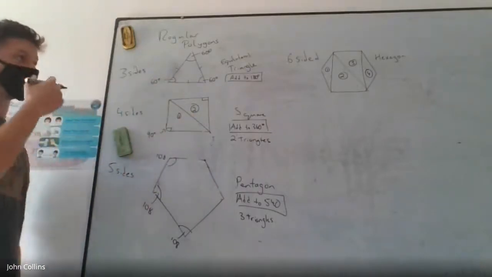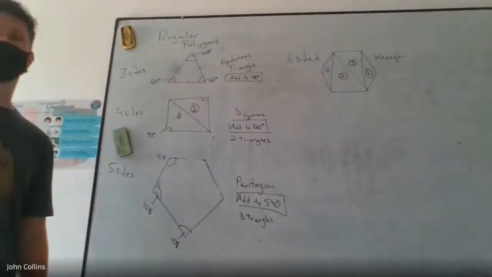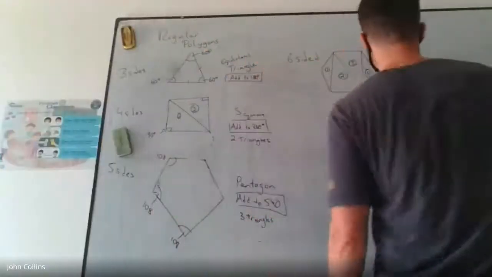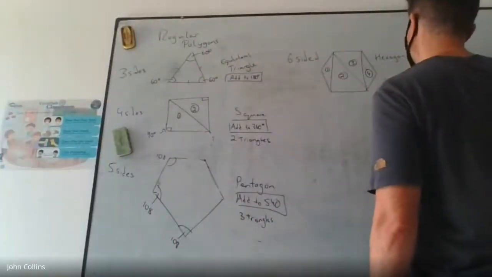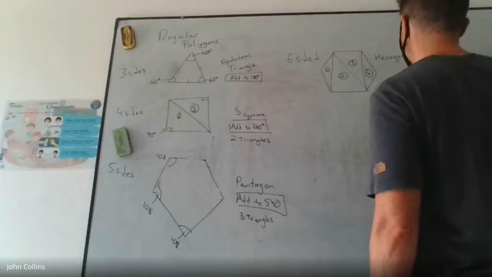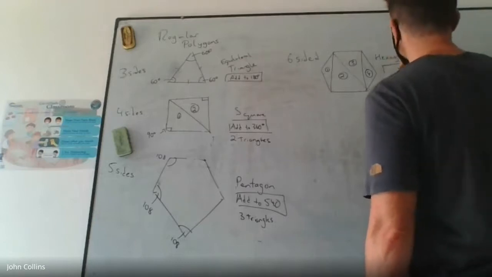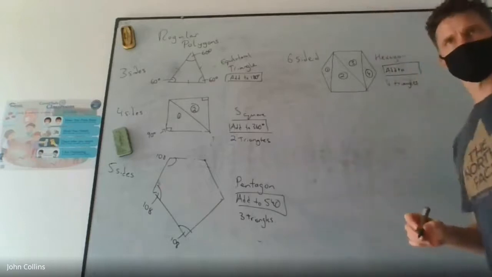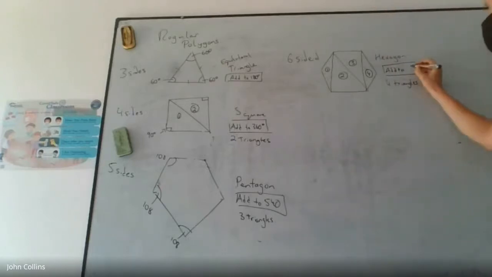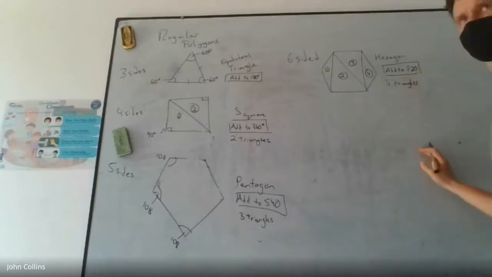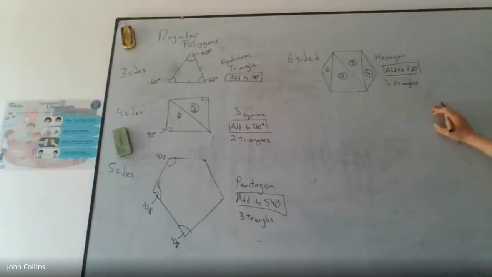The next one, tell me what angle each hexagon angle is. 4 triangles is 4 times 180.